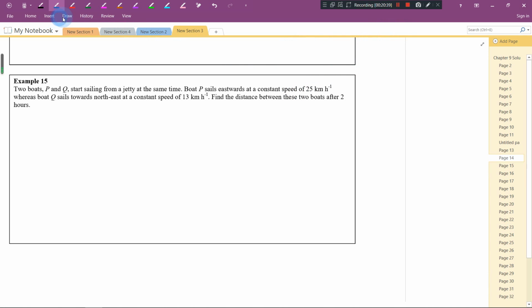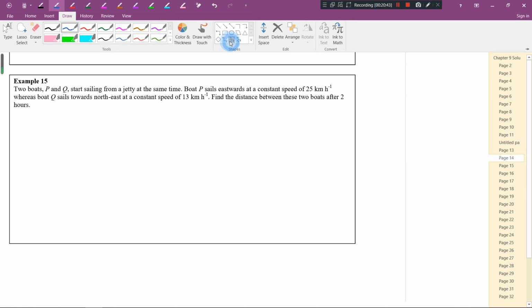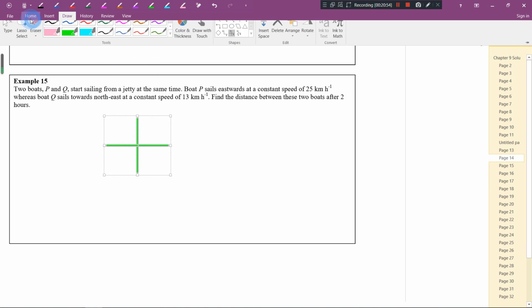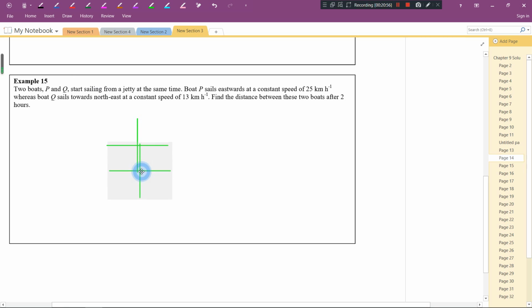Let me sketch a diagram for you first. Let's say this is north and this is east.